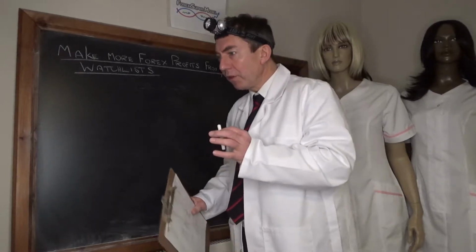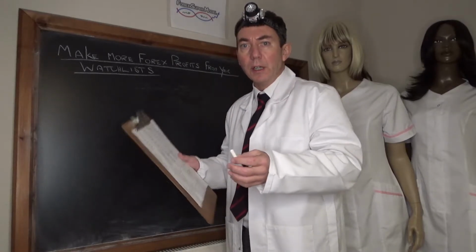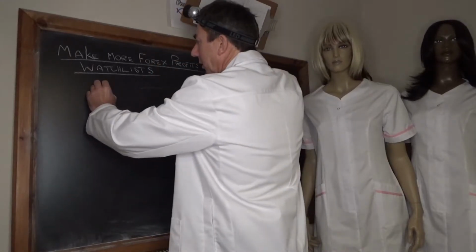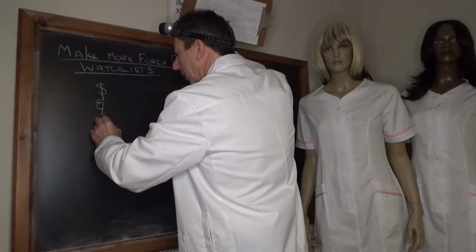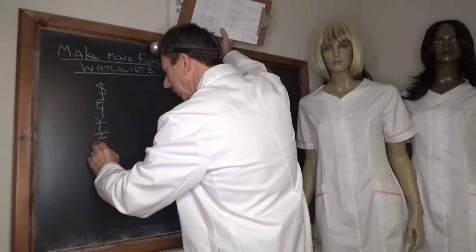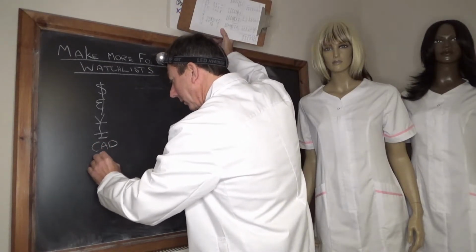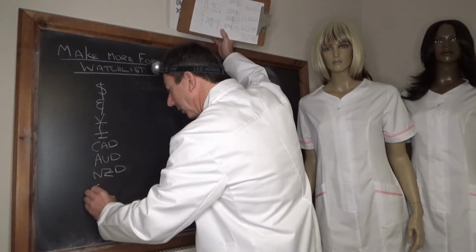The first thing to realize is that to get some sort of structure, you need a hierarchy. If we're talking Forex, the general hierarchy we use is dollar, euro, yen, pound, CAD, AUD, NZD and Swiss franc.